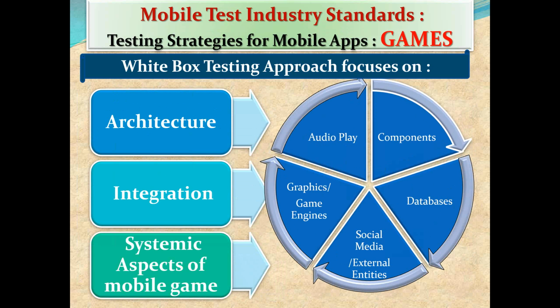Then we have white box testing, and it focuses on the architectural integration and systemic aspects of the mobile game. So how third-party components and databases, social media, external entities, as well as graphic game engines and audio play and so on are integrated into the game.